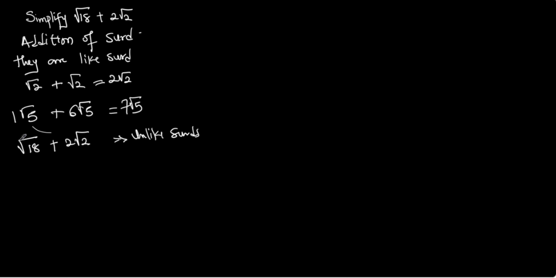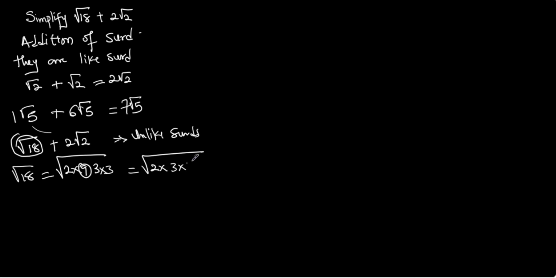What do I do? I need to simplify 18. Now, the square root of 18 is the same thing as the square root of 2 times 9. 9 is the same thing as 3 times 3. So root 18 is equal to 2 times 3 times 3.